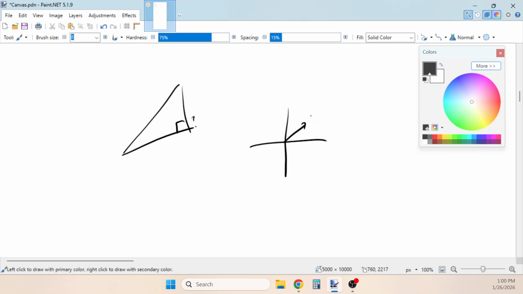This might be 45 degrees northeast at 2 miles, plus maybe 120 degrees northwest for 3 miles.